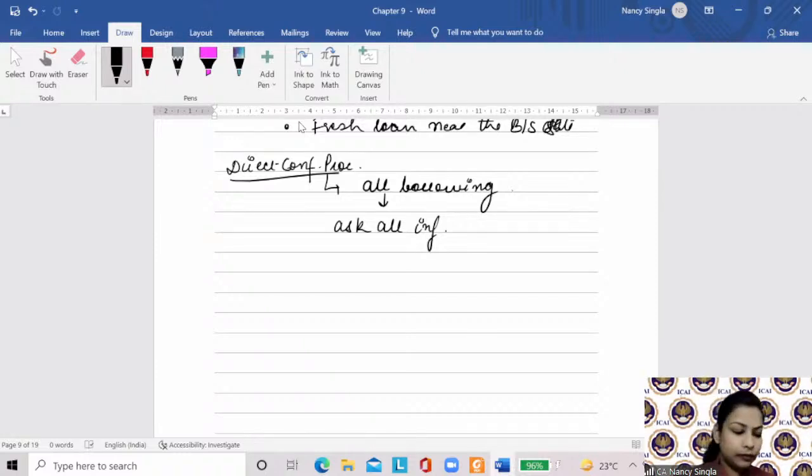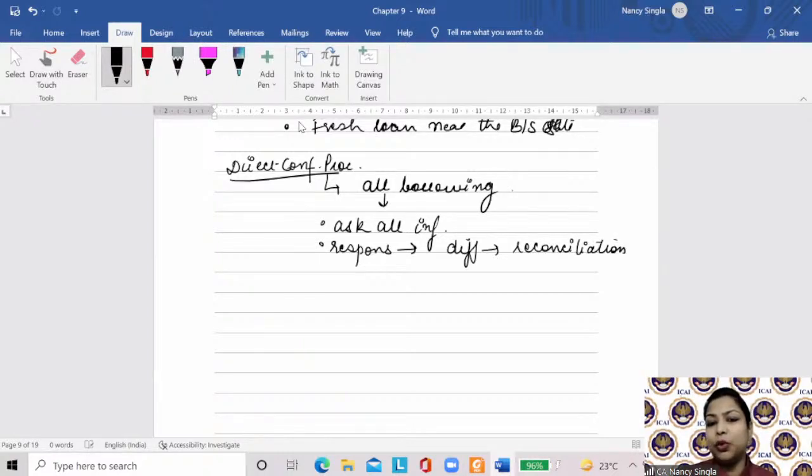Okay? Further, whatever responses you get to the confirmation, if there are any differences, ask the management to provide you with the reconciliations, and whatever supporting documents they are providing to you, check them in detail. Simple, very logical. Direct confirmation procedure kaise hoga?